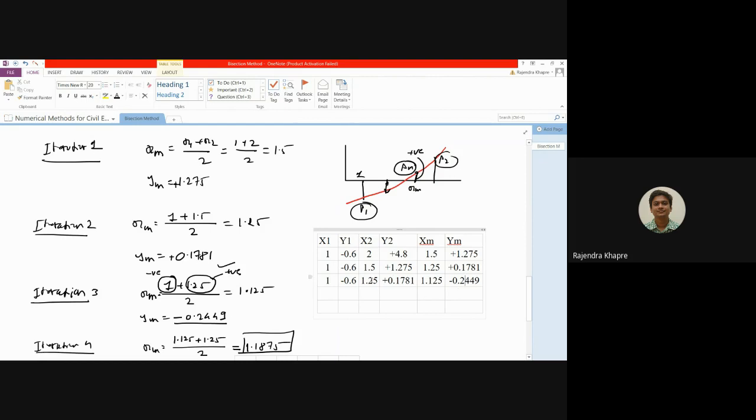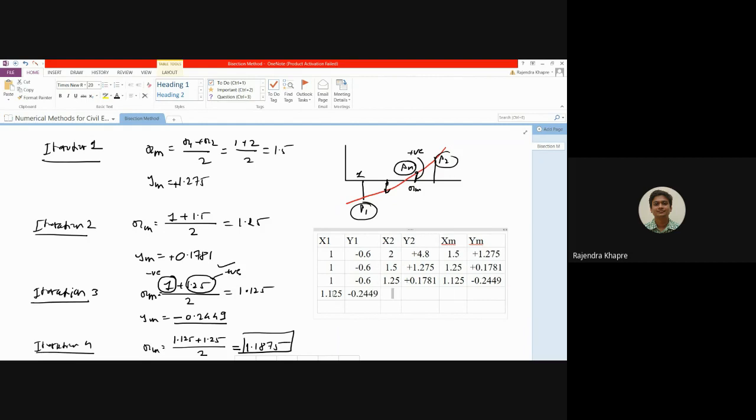So for the first time, we keep the y2 value same because it is positive, and the y1 value we change to this one because the new value is negative. So I'll put this as 1.125, with the corresponding y value negative 0.2449, whereas the other value I keep the same. Now we have one value which is negative and one positive, so we are bisecting between 1.125 and 1.25.